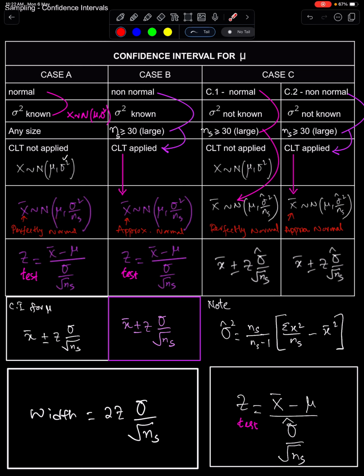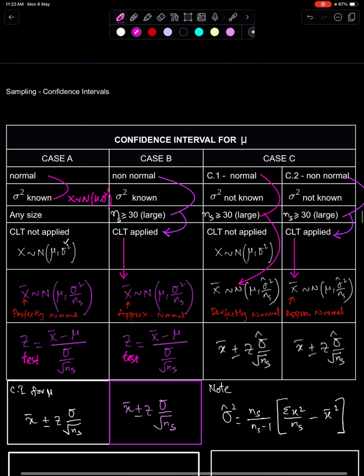And this is not the application of CLT. If population is normal, never apply CLT. Now, how to write Z test for testing of hypothesis? You all know how to write Z. The formula of Z in population form is x minus mu over sigma.